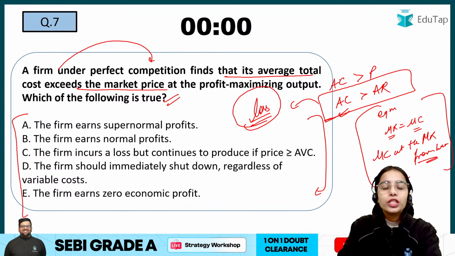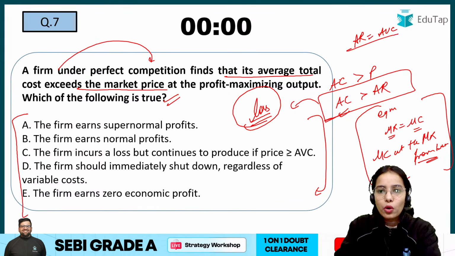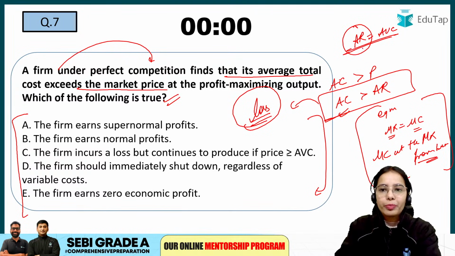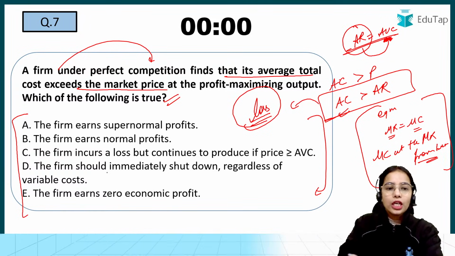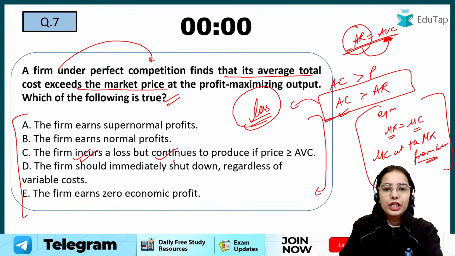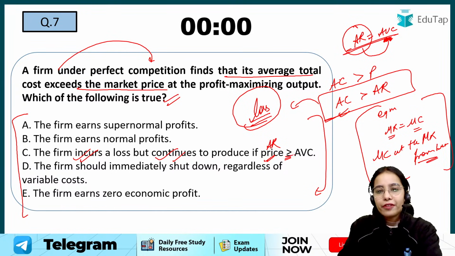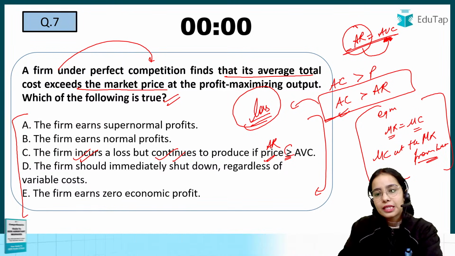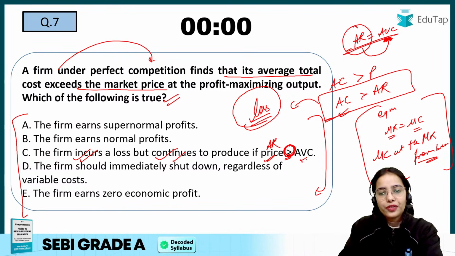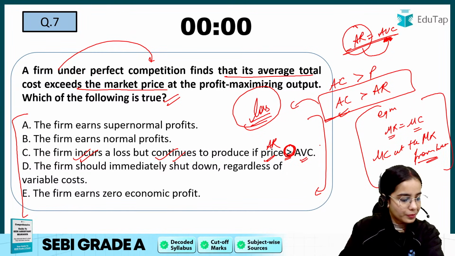The company will only shut down when the average revenue is less than the average variable cost, that is, when the price, the per unit revenue, is not able to cover the variable cost. So the firm incurs a loss but continues to produce if the average revenue is greater than average variable cost. Basically, a firm incurs a loss but continues to produce if the price is greater than average variable cost. So this is the idea.